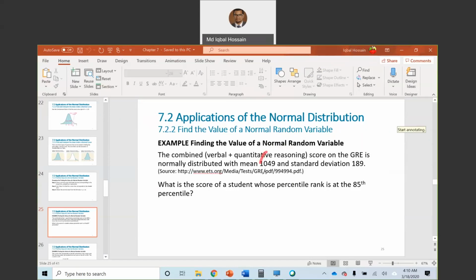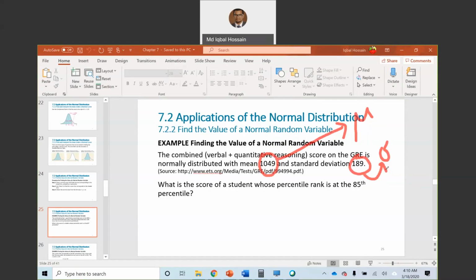This point you are seeing here is our mean mu, and this point is our standard deviation, which is sigma.